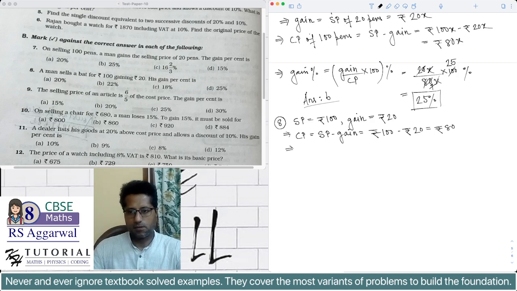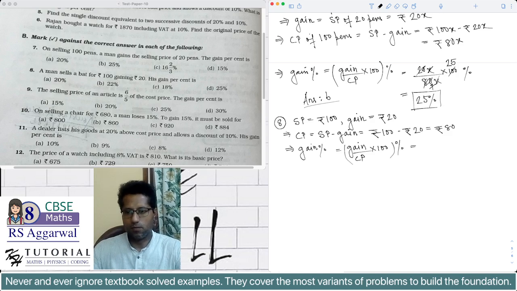So this implies gain percent is equal to gain divided by CP multiplied by 100, this much percentage.